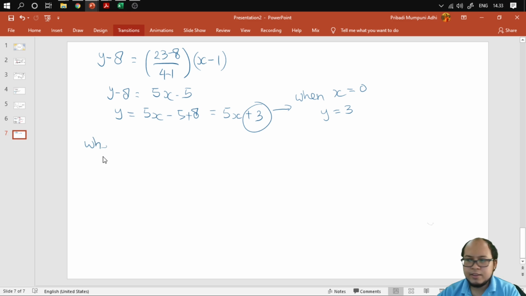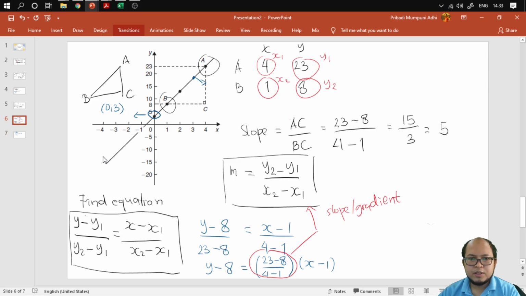We will have y equals 5 multiplied by 3. Substitute the value of x with 3 and plus 3, it will be equal to 18. So this point will be (3,18).